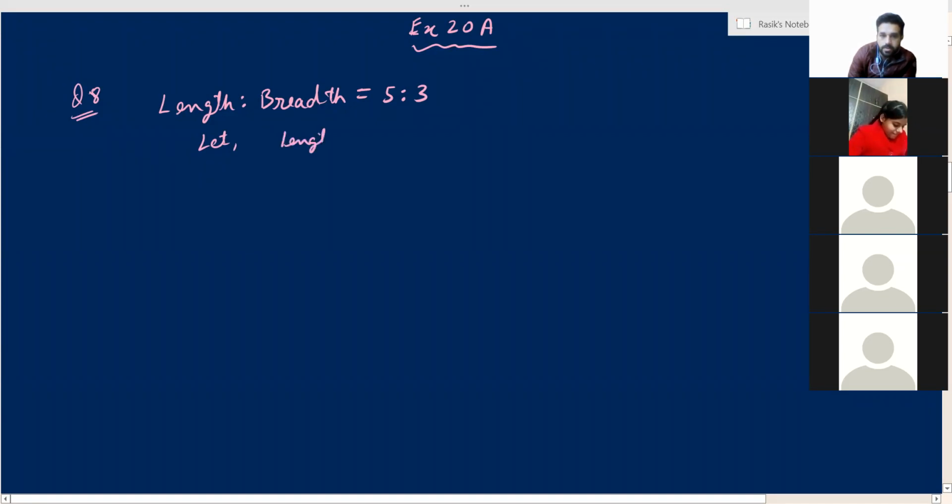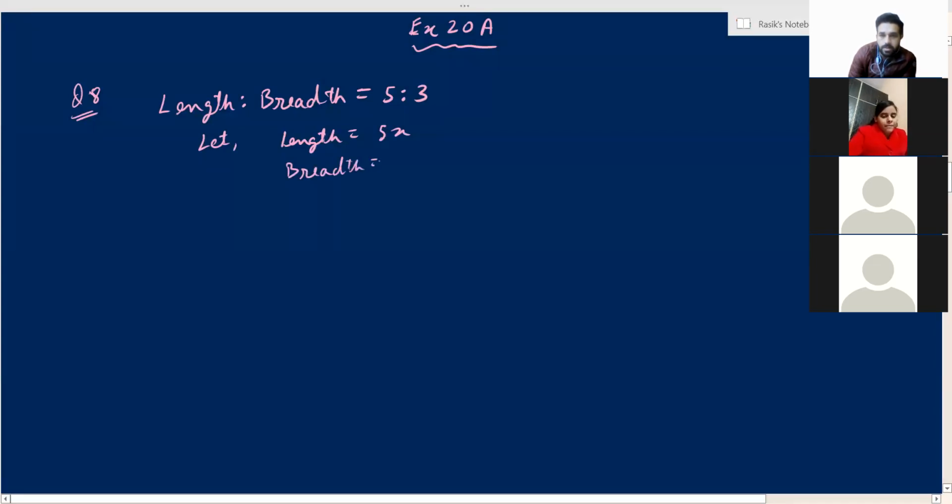So let the length equal 5x and the breadth equal 3x. This is the length and breadth of the rectangular land. The cost of fencing is given, which means we will find the perimeter of the rectangle.